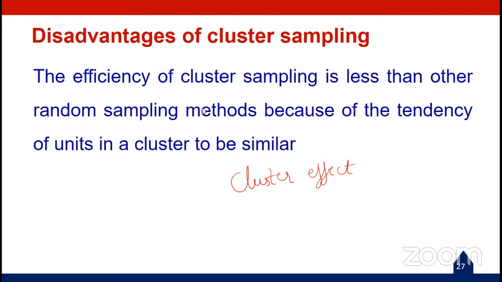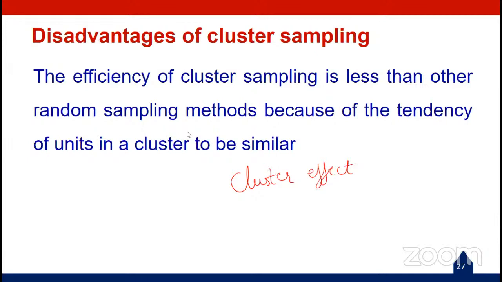I will give more details on this during the sample size estimation session. So the disadvantage of cluster sampling is that the efficiency of cluster sampling is less than other random sampling methods, SRS or stratified or systematic, because of the clustering effect.